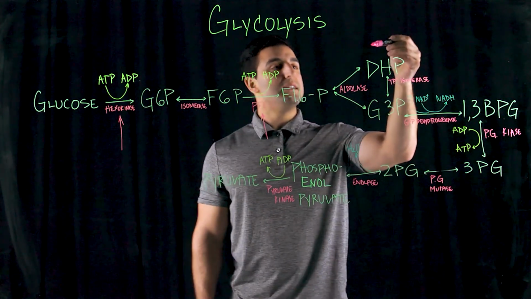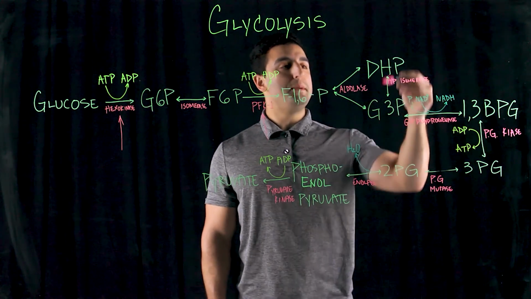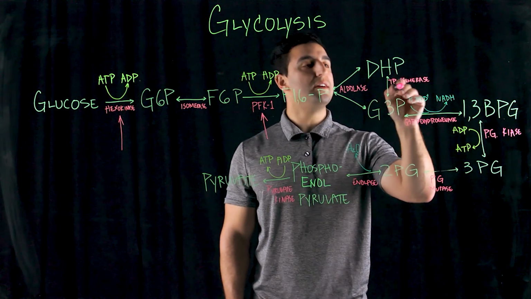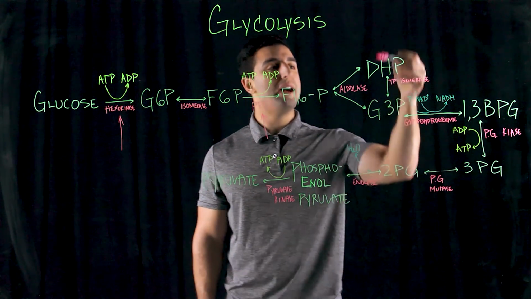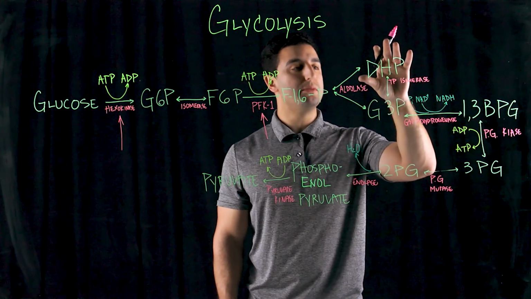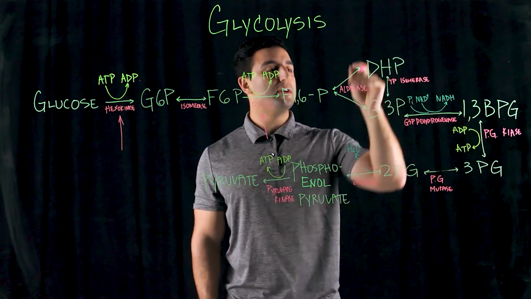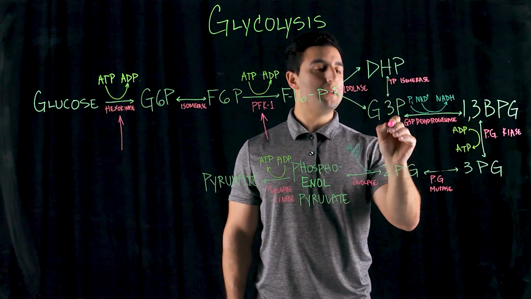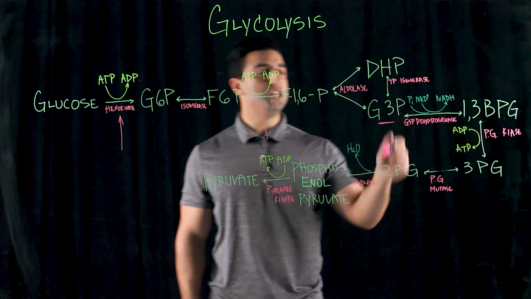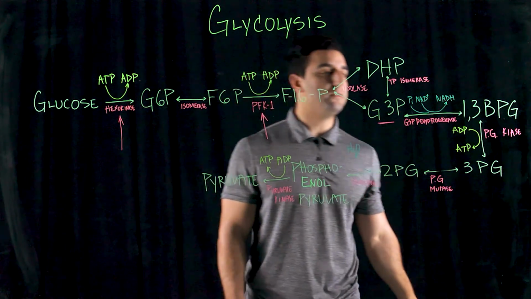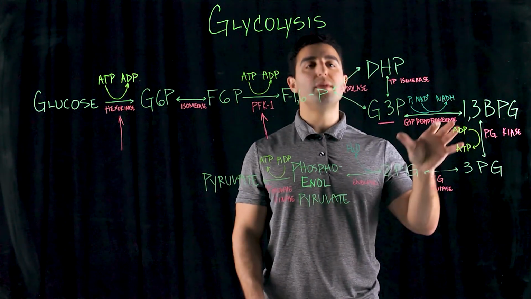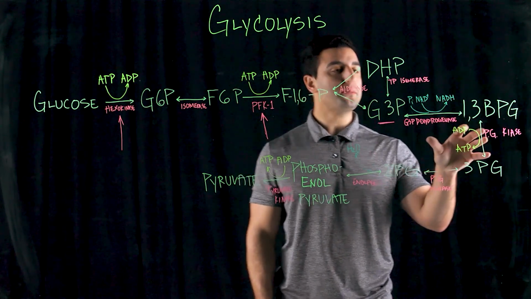And now DHAP and G3P get reorganized together with triose phosphate isomerase. They have the same chemical integrity, the same molecular formula, but the final product needed to continue the glycolysis pathway is G3P, glyceraldehyde 3-phosphate. All right, so now we get to another location, again a reversible location in this pathway.